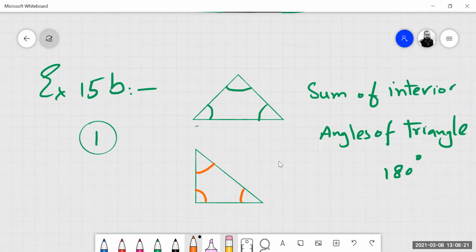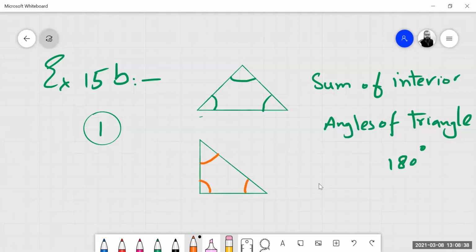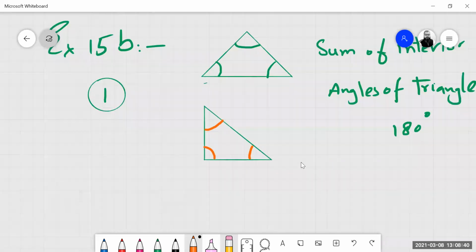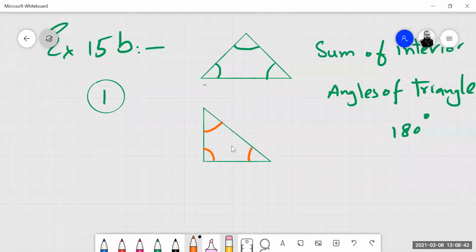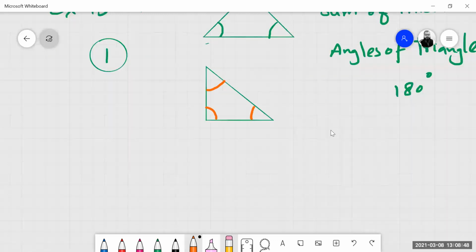For all three, the sum will be 180. Understand? The sum of the interior angles of a triangle is always 180 degrees. No one is different, 180 in a triangle. Only a triangle.